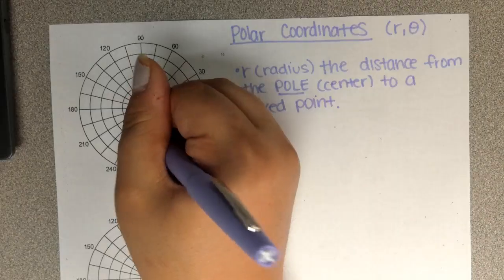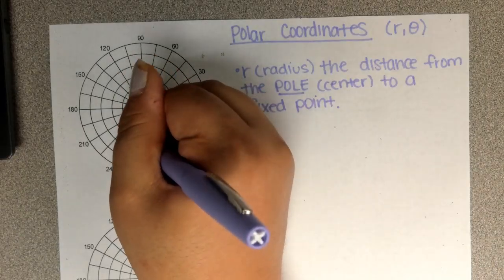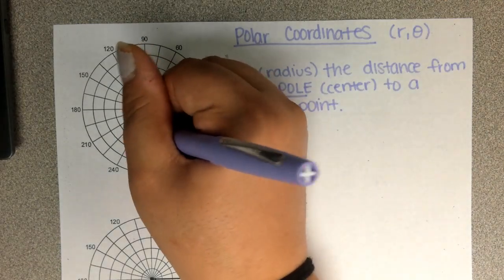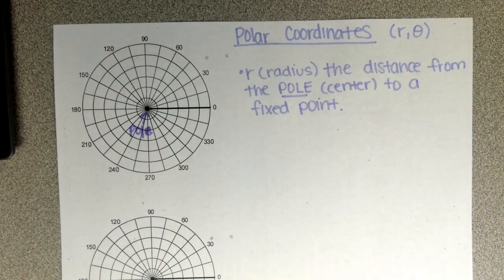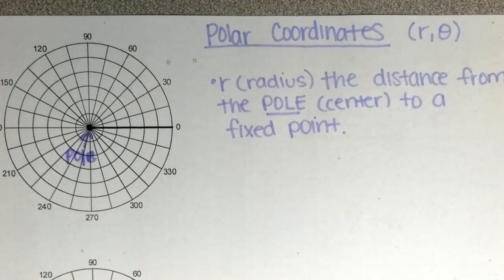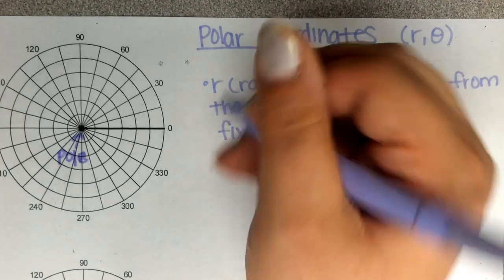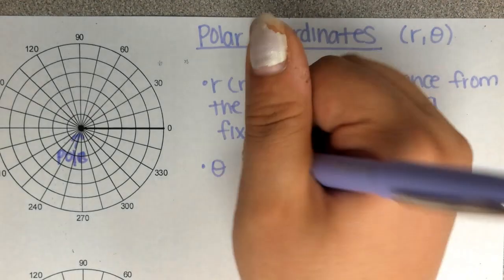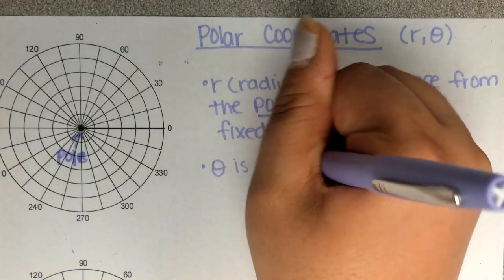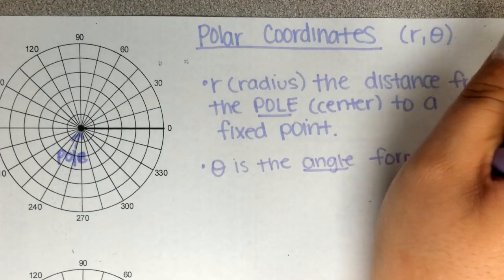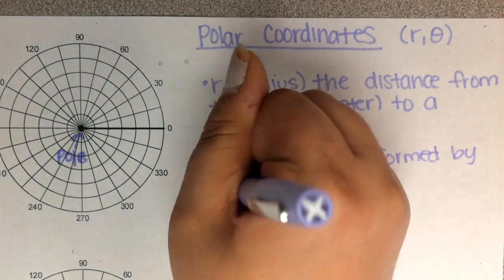So this right here, I just wrote point, pole. That is the pole. And then we have theta. What is theta? An angle. So theta is the angle formed by the polar axis.